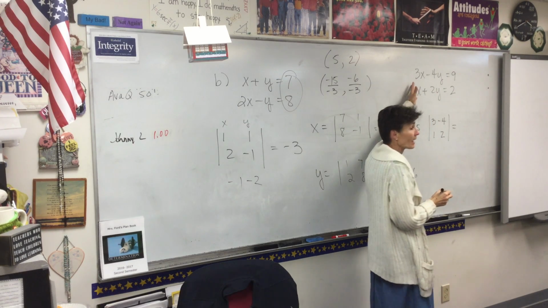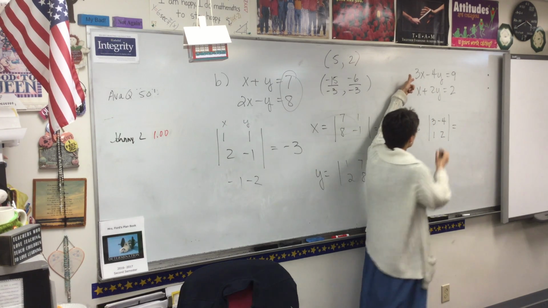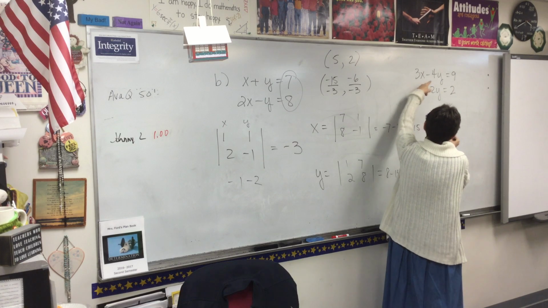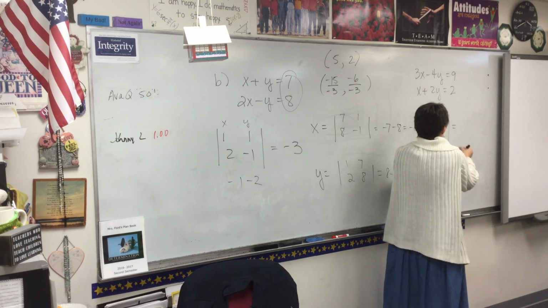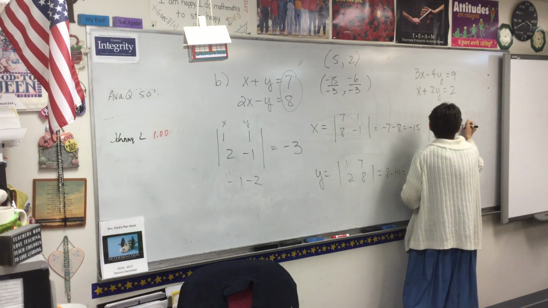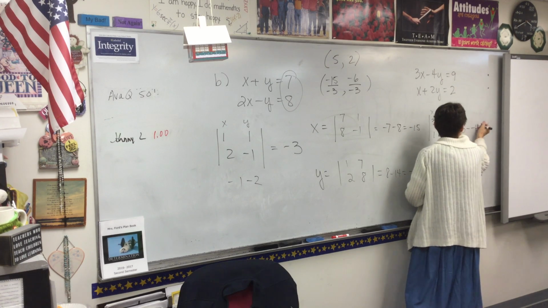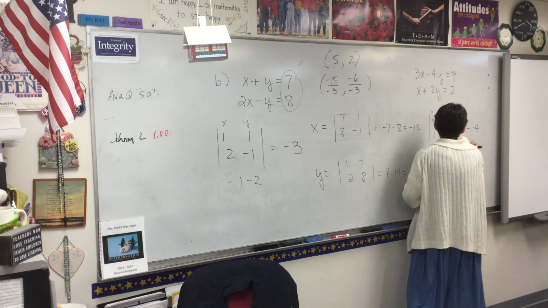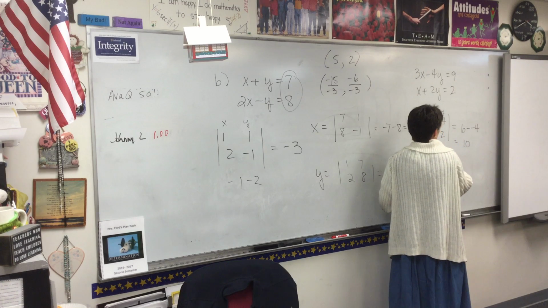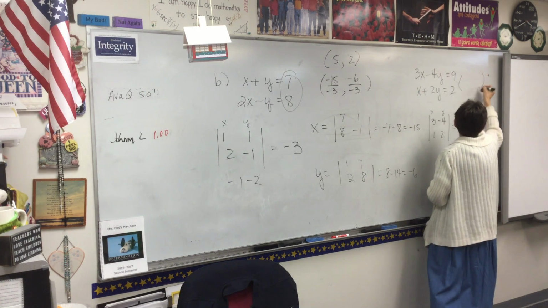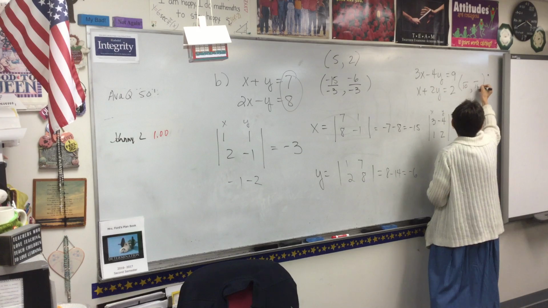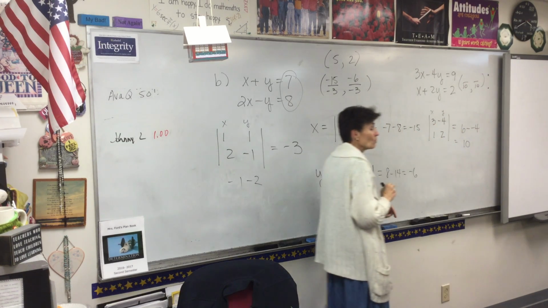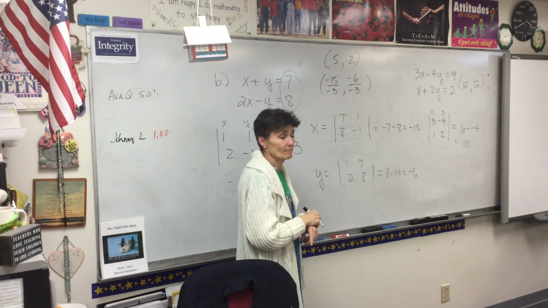And again, you got to copy them down right. These are your x's, 3 and 1. These are your y's, negative 4 and 2. Now let's evaluate that. 6 minus negative 4. 10. So whatever the answer is, it's something over 10. X and Y are both over 10.